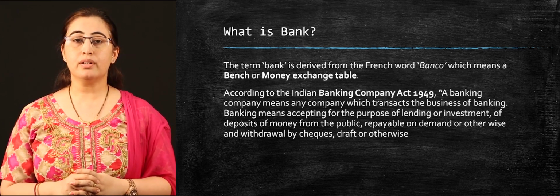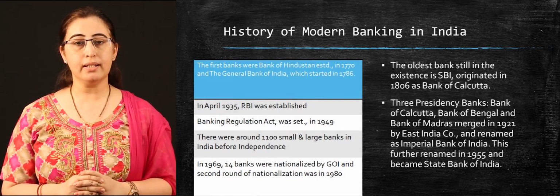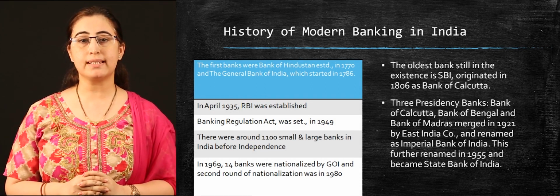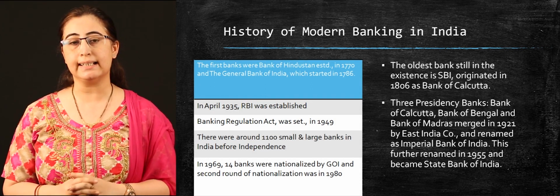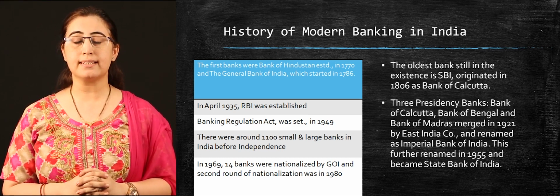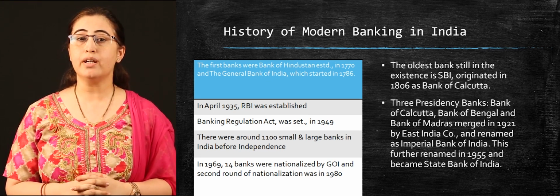Now, when we look at the history of banking, the first banks were Bank of Hindustan, established in 1770, and the General Bank of India, which was started in 1786. In April 1935, RBI was established. It is the Central Bank of India. When it was established, it was a private bank.